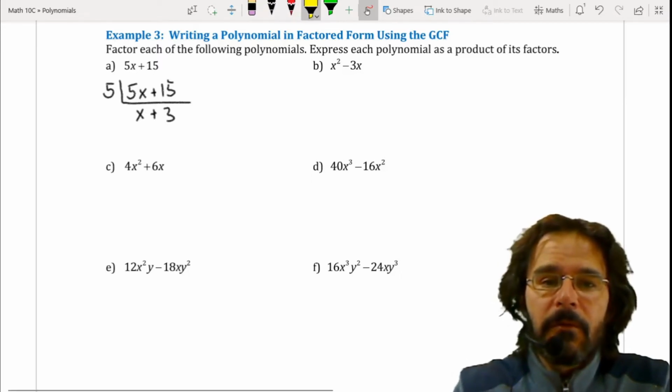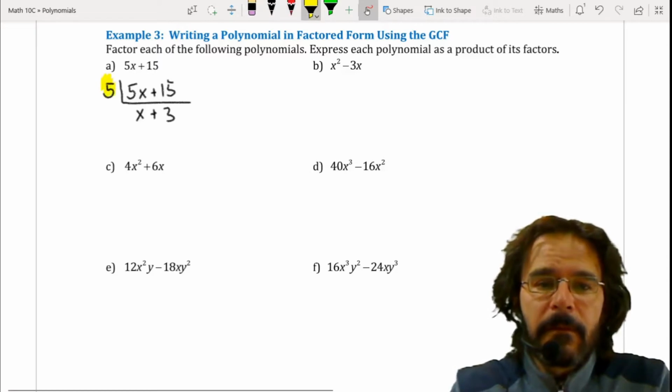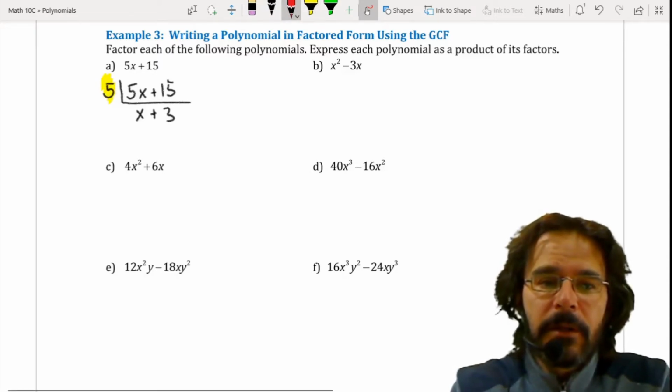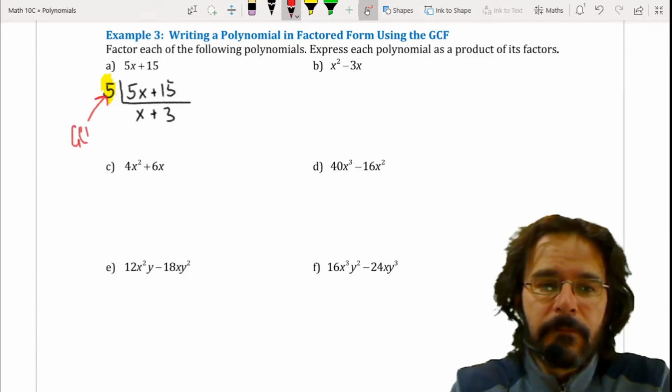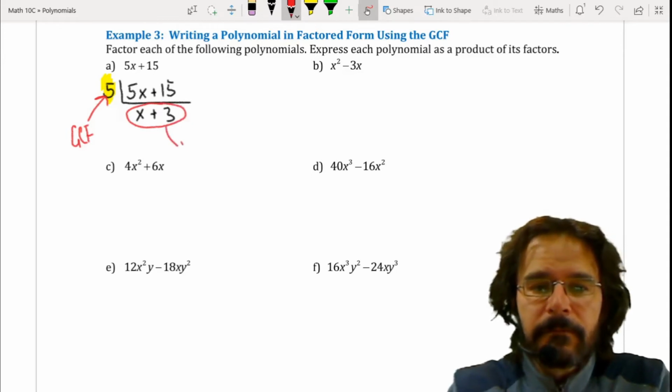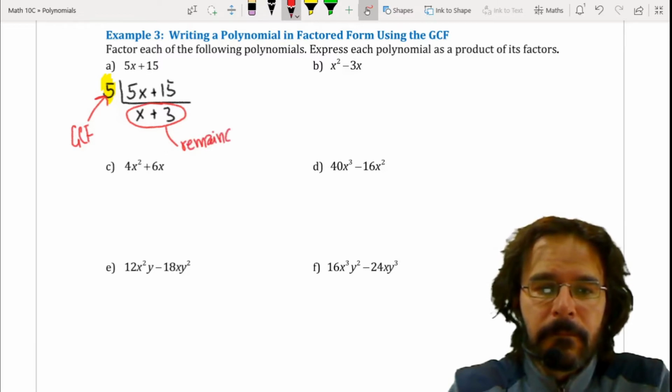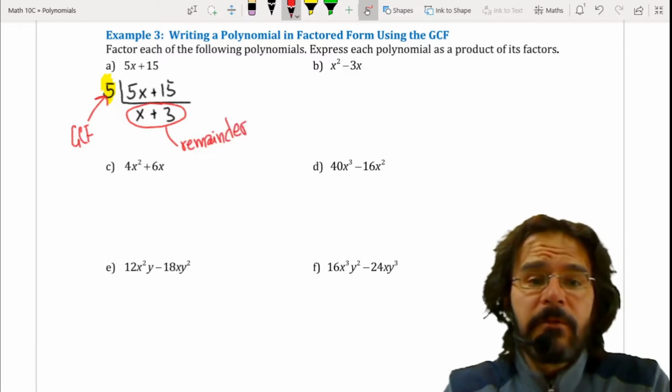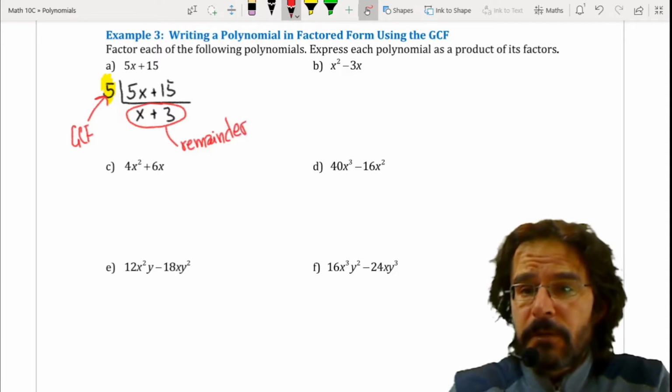Okay, so what we have over here is our greatest common factor. And at the bottom here, we have the remainder. Both the greatest common factor and remainder are factors.